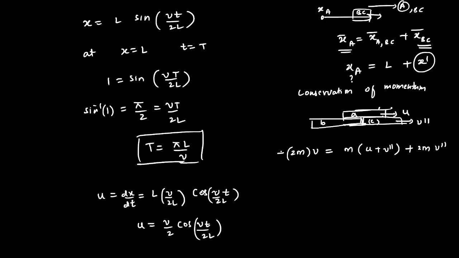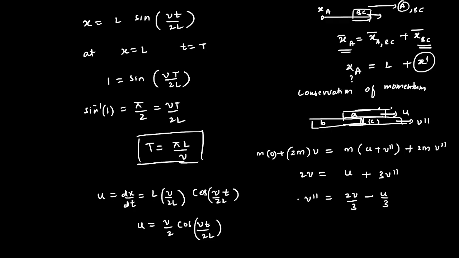Initially this m was at rest, so we don't have to worry about it. So 2V is equal to u plus 3 V double dash, and V double dash turns out to be 2V by 3 minus u by 3.